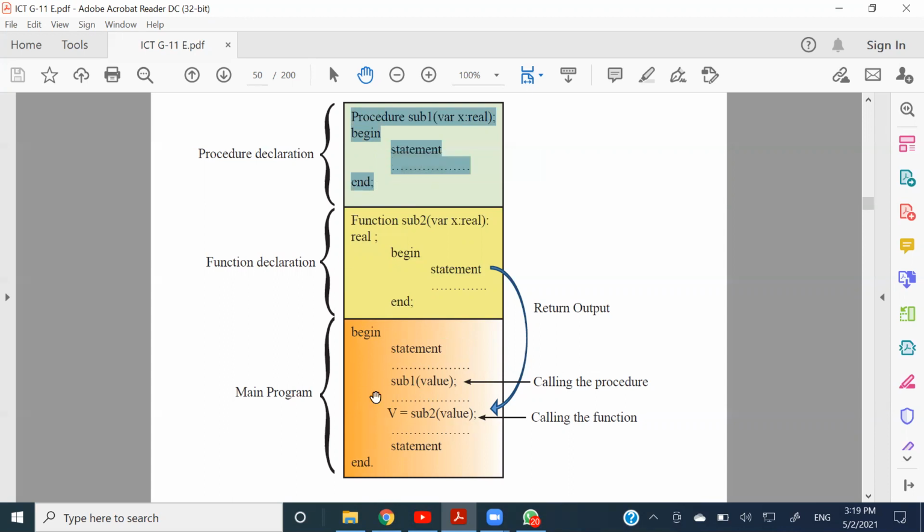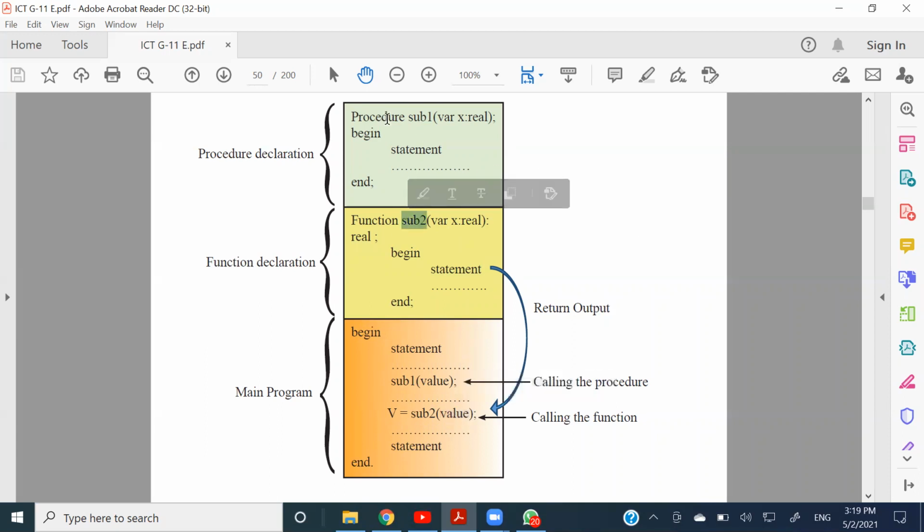After that, it returns to the next line after the calling statement. When you are calling a function, we call it by the function name, and we should pass the same number of parameters according to the declaration.